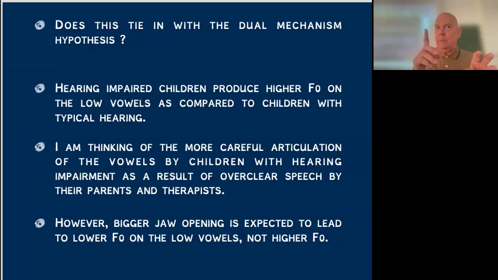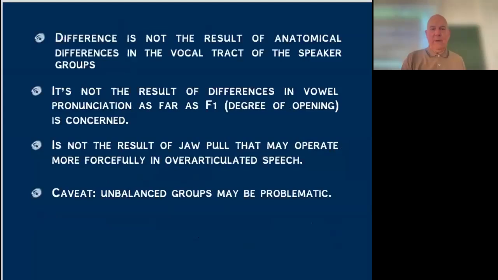Yes, lower the fundamental frequency, just to get this completely right. Whereas what we find is that the children with hearing impairment, in fact, have higher fundamental frequency. And so that hypothesis cannot account for the differences that we have found either.